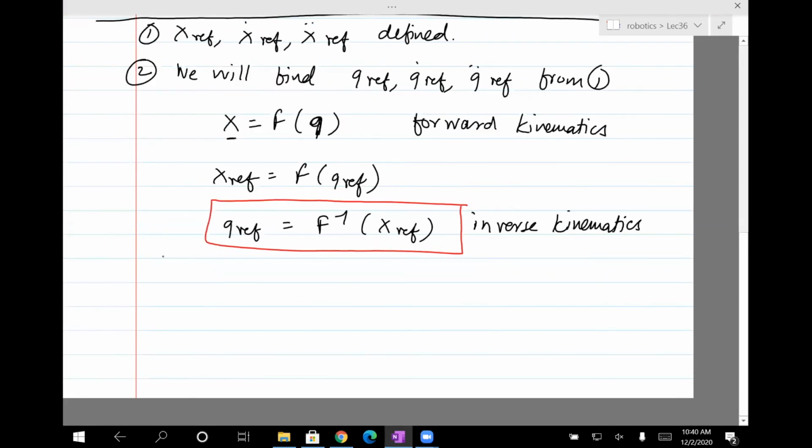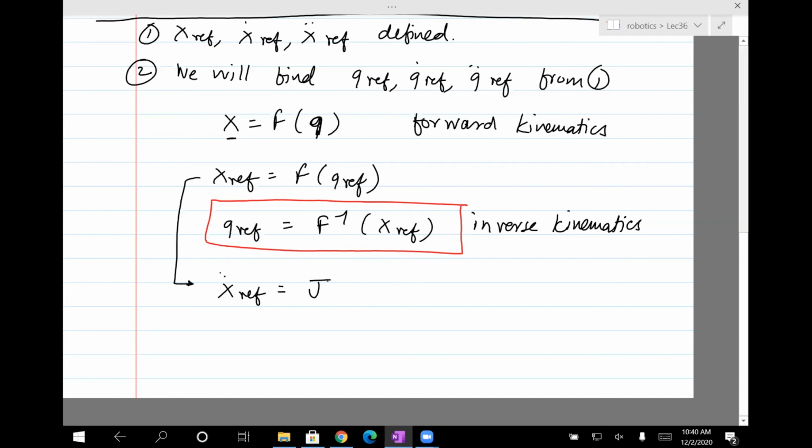Now we also need q dot and q double dot. So what we do is we basically differentiate this expression. So we have x dot ref equals, now when we differentiate f, if you remember, the derivative of f is actually the Jacobian, right?